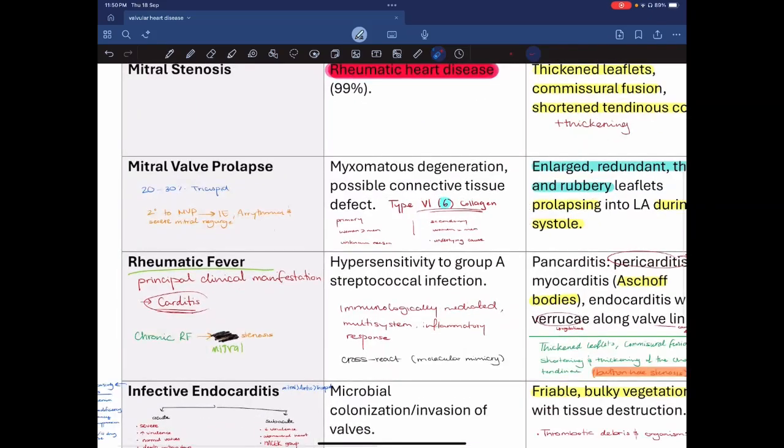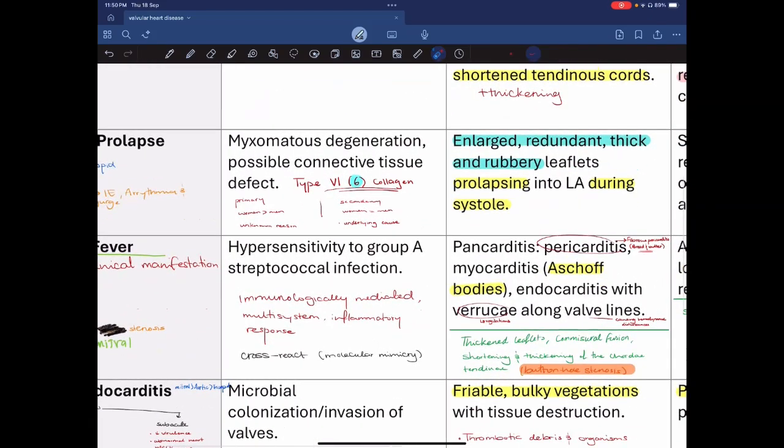Now for the acute one, how does it happen? The acute one happens because of, as we said, autoimmune hypersensitivity type 3, especially to group A streptococci infection after a pharyngitis. Usually it will happen 1 or 2 weeks after a throat infection.